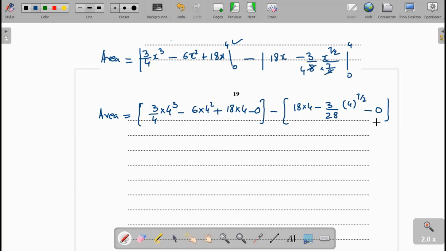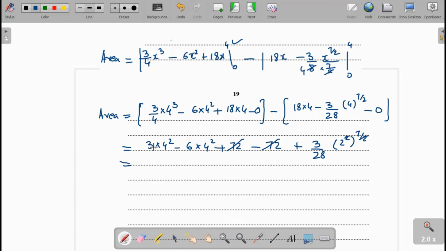Now that value becomes 3 over 4 into 4 cubed minus 6 into 4 square plus 18 into 4, that is 72, minus 18 into 4 which is 72, plus 3 over 28 and 4 power 7 over 2, that can be written as 2 square into 7 over 2. The 2 will be cancelled. Now 72 will be cancelled.